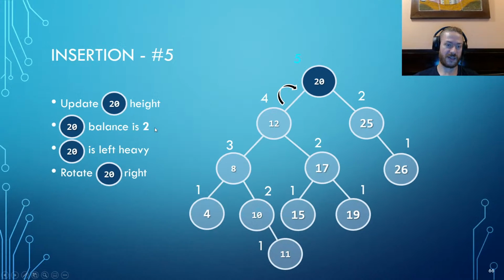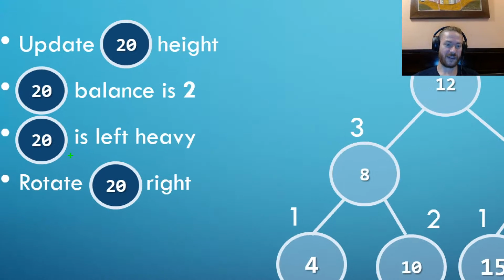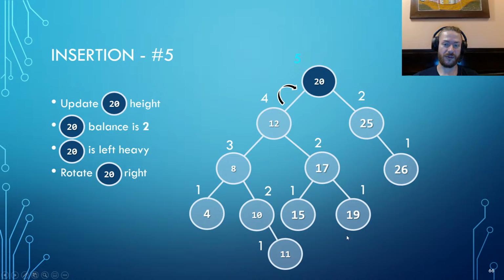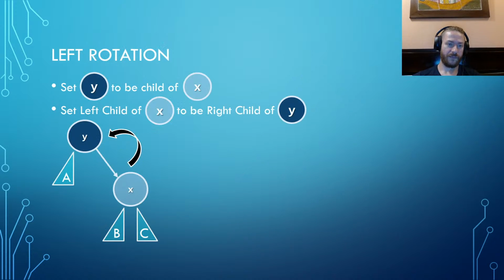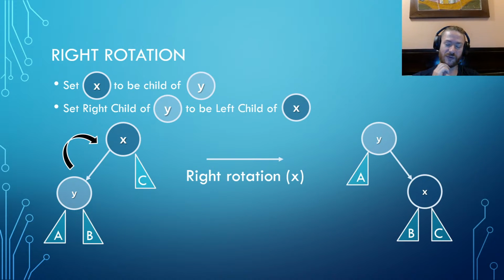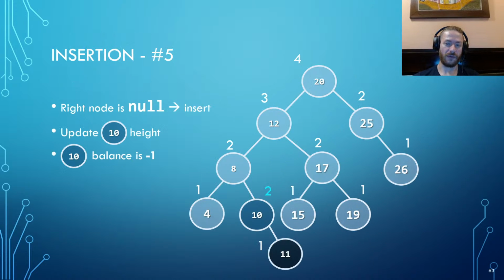And 2 is not okay because 20 is left heavy because it has more nodes to the left. So we need to perform a rotation, this kind of rotation. We need to perform it on the 20 node.